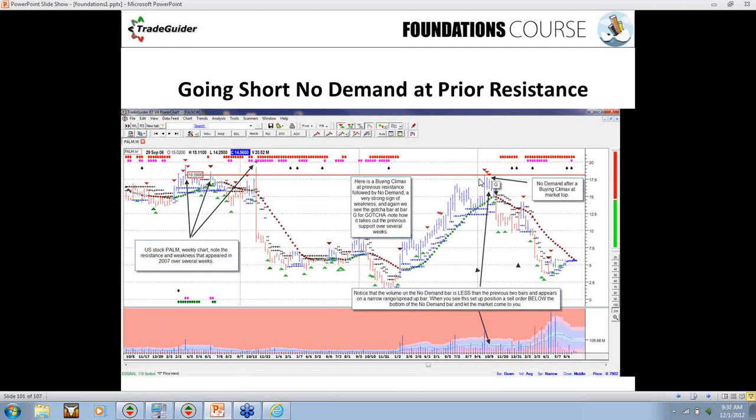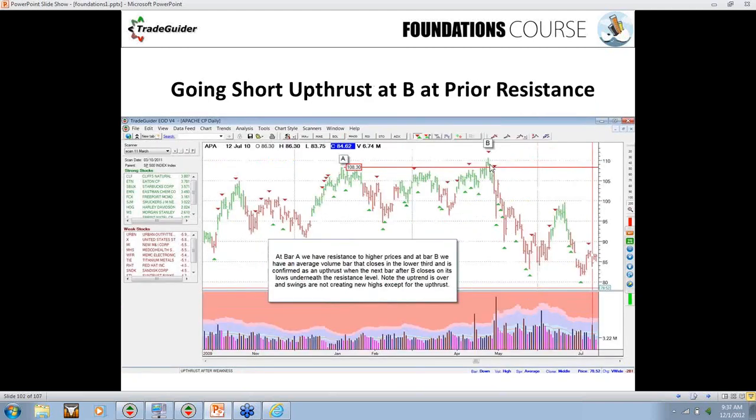Again here, you see an upthrust, a clear one at resistance. These are very powerful signals because what they're doing is encouraging the breakout traders to get long when in fact you should be going short, not long. I hope this is starting to make sense to you.